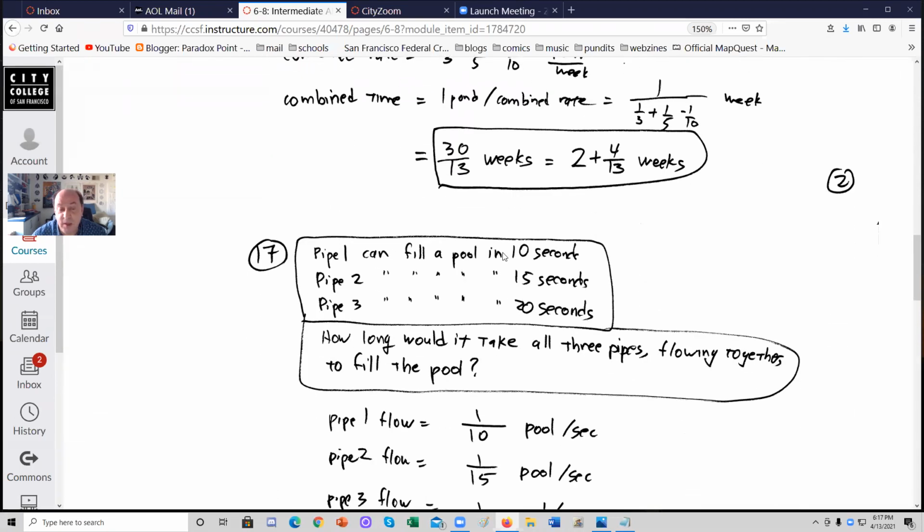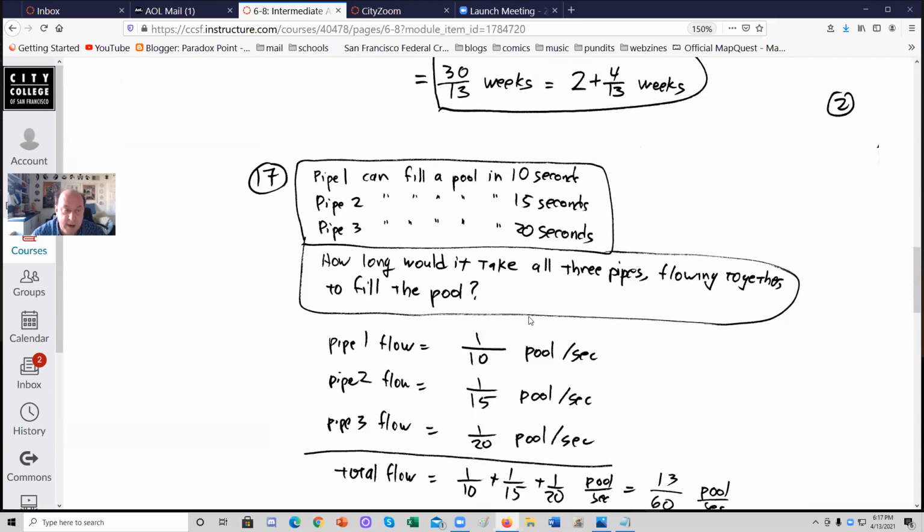Okay, similar thing here. One pipe can fill a pond in 10 seconds. The second pump can fill the pool in 15 seconds, and the third pipe can fill it in 20 seconds. How long does it take all pipes working together to fill the pond? Again, same reasoning. These are times, so the rates are reciprocals. 1/10 of a pool per second for this pipe. Pipe 2 has a rate of 1/15 of a pool per second.